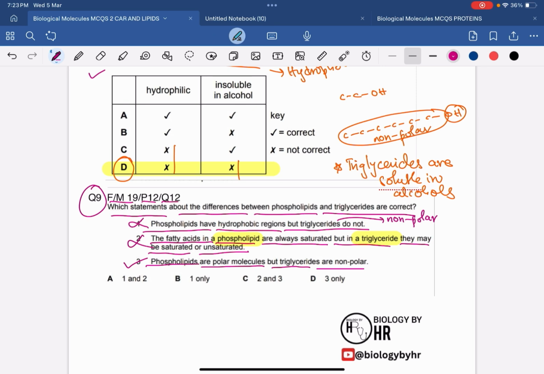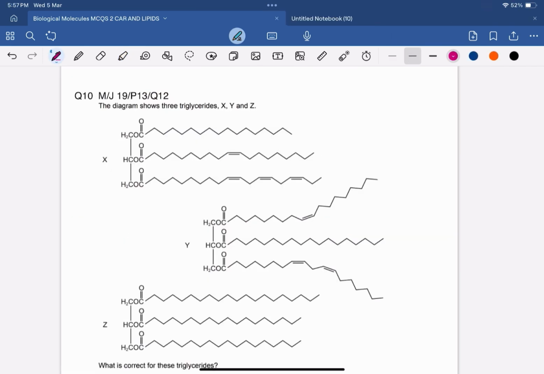So hence the correct answer for this MCQ is option D. Statement 3 is the only correct difference between the phospholipids and triglycerides. Moving on to question 10, which is from May-June 19, paper 1-3, question 12. The question says that the diagram shows three triglycerides X, Y and Z. This is X, this is Y and this is Z respectively.